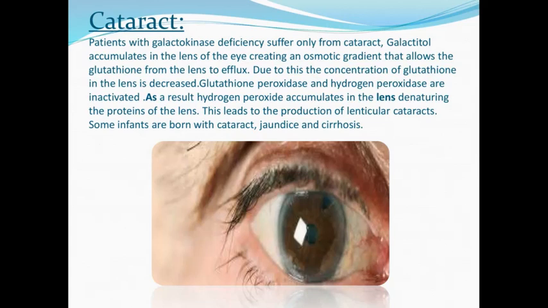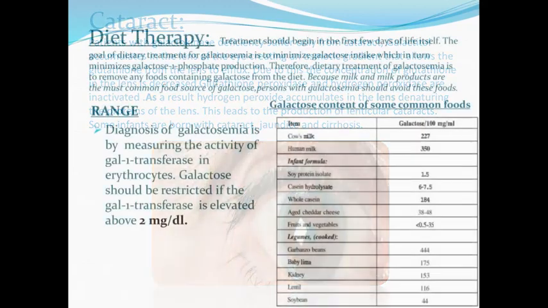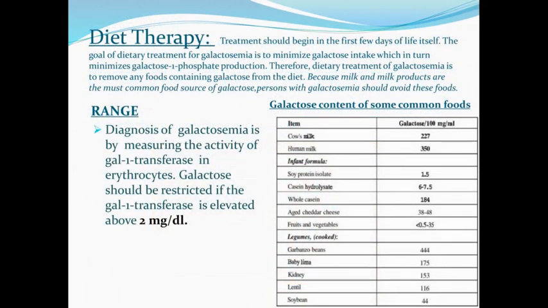So, how do you treat this metabolism error with the help of diet therapy? Diet therapy treatment should begin in the first few days of life itself. The goal of dietary treatment for galactosemia is to minimize the galactose intake, which in turn minimizes galactose-1-phosphate production.